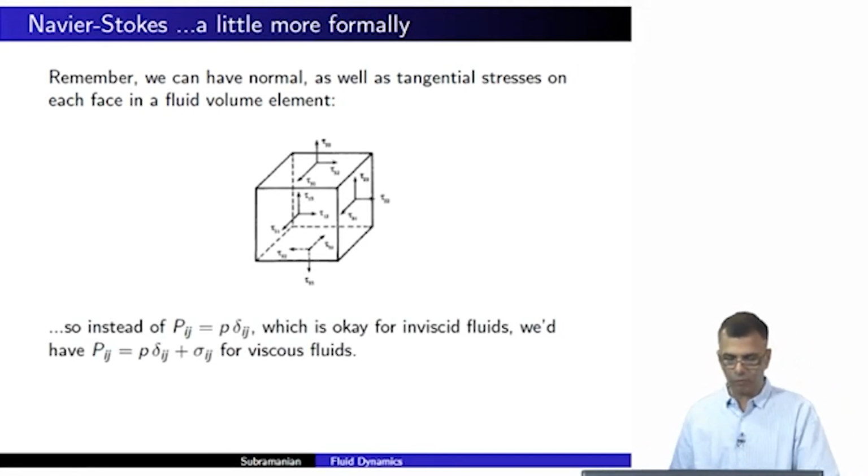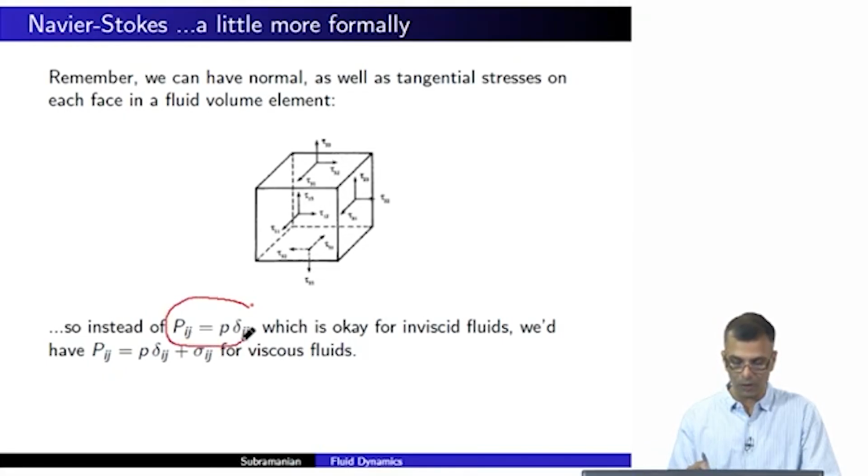When we were talking about inviscid fluids, remember we said we were specializing to a situation where the pressure tensor was like this. In other words, the pressure tensor was essentially a matrix, and you only had the diagonal elements, and the off-diagonal elements were all 0.